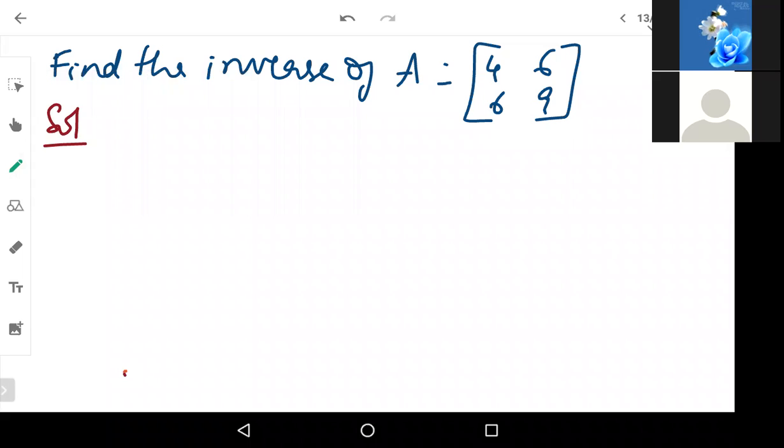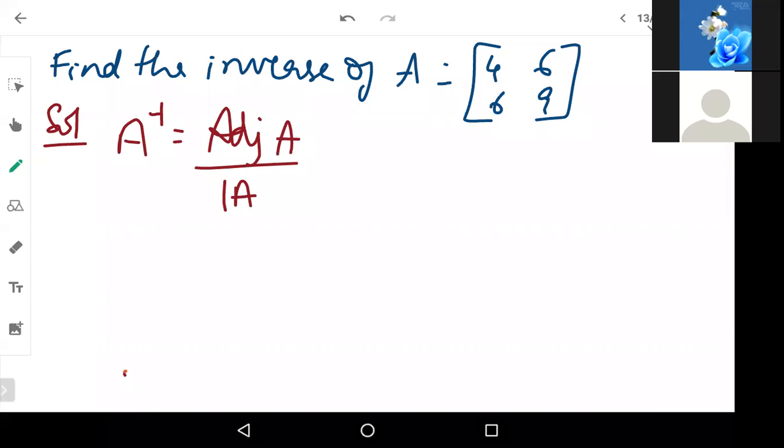Determinant A is equal to 0. Okay, so what do we do when the determinant A is equal to 0? So what is the first condition?